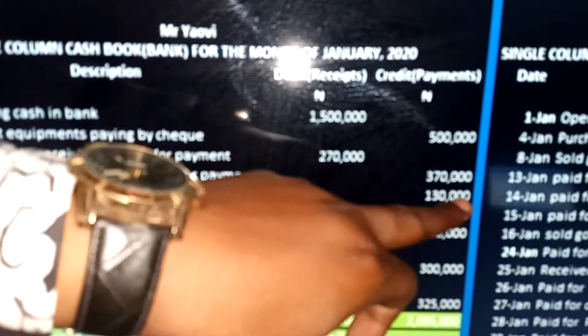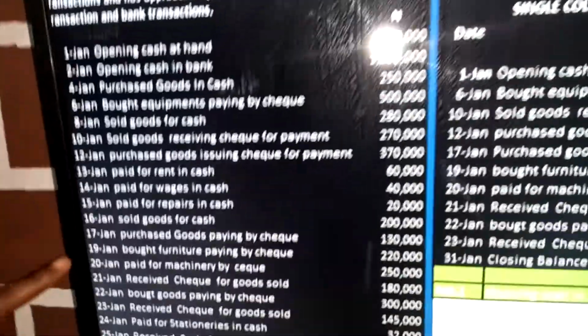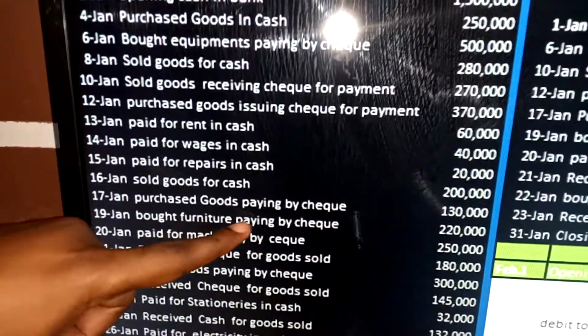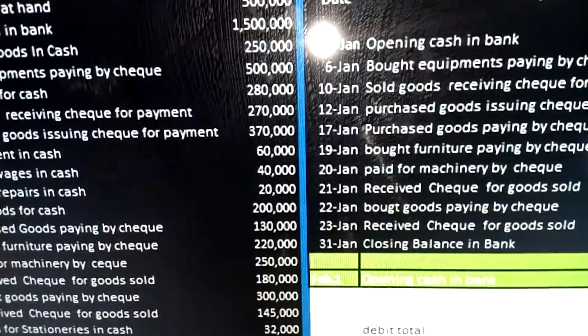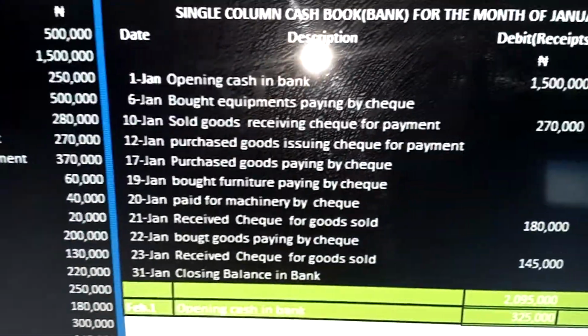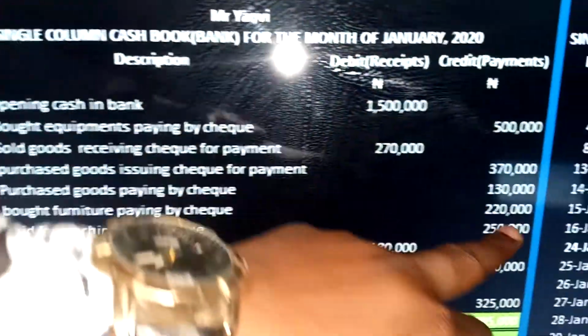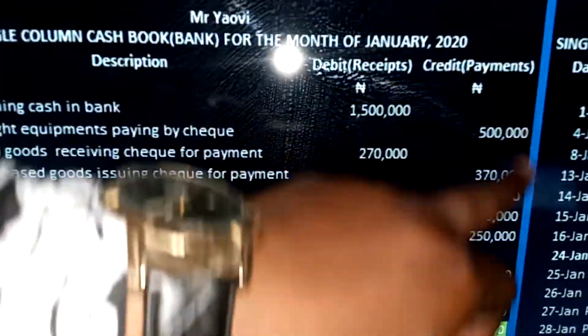It's a payment. That's 130,000. On the 19th, bought furniture, paying by check. We have it as 220,000. It's a check, so it's bank. We have 19, bought furniture, paying by check. 220,000. That's the payment side.